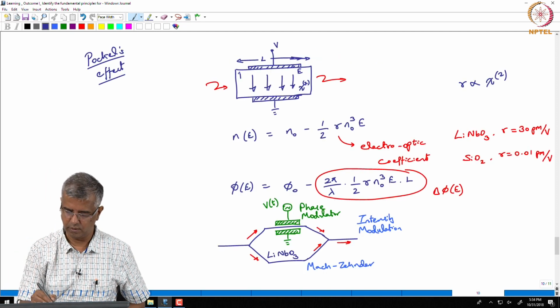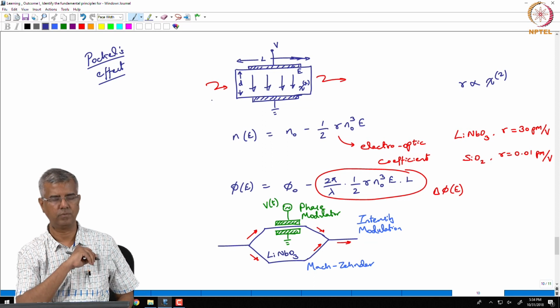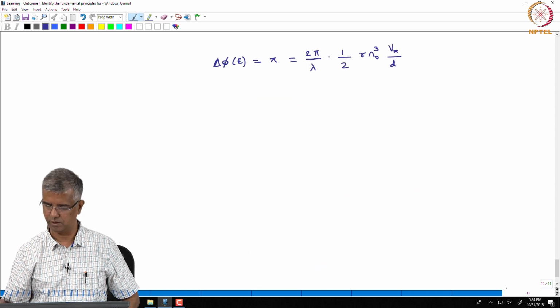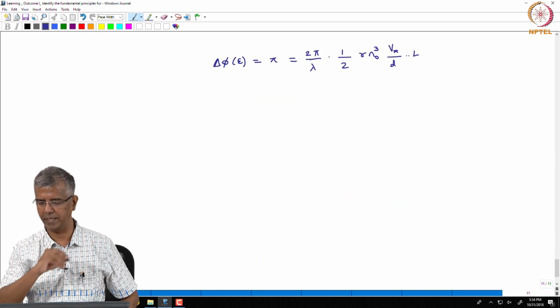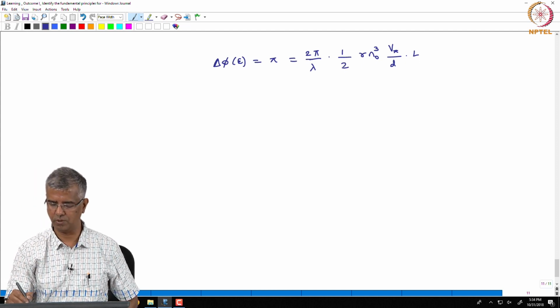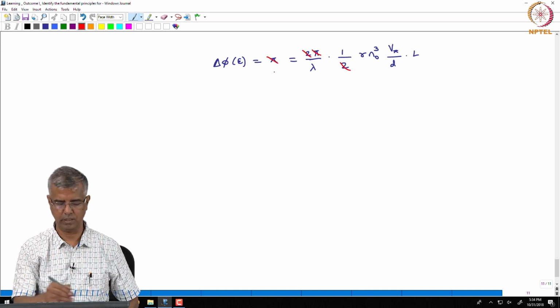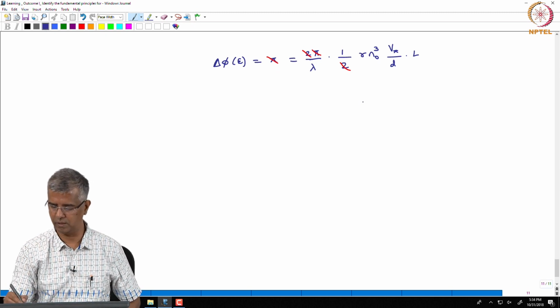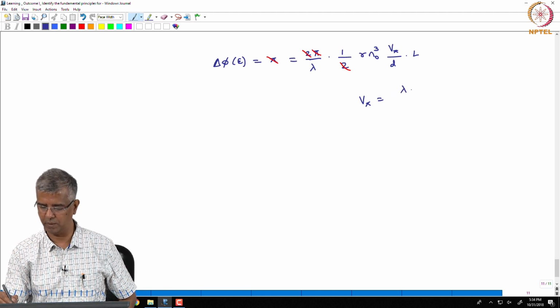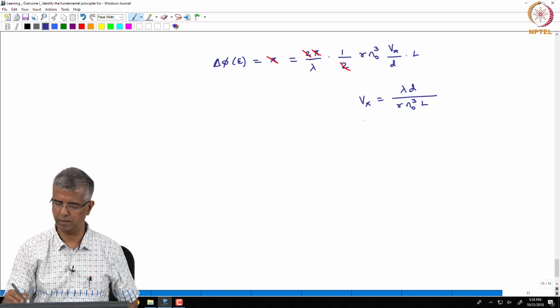D is the thickness of this material, that is, D is the distance between the electrodes, multiplied by L. Okay. So, you can rearrange terms, of course, you can cancel pi over here, and if you rearrange terms, what you get is an expression for V pi. V pi is going to be given by lambda multiplied by D divided by R n0 cubed multiplied by L.